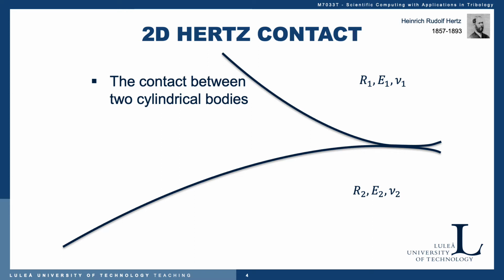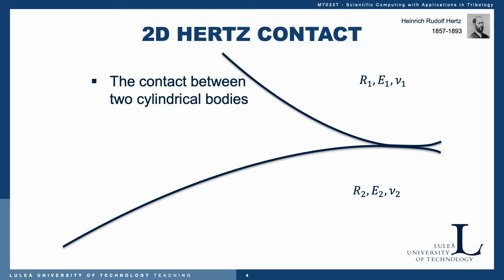Hertz contact is the contact between two cylindrical bodies, well, at least in 1D. In 2D it's a contact between two spherical or two ellipsoidal bodies, and these are described by some geometrical parameters.